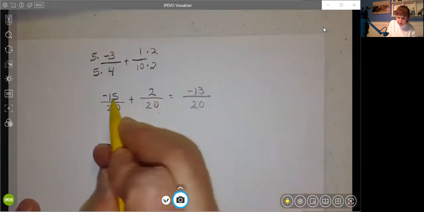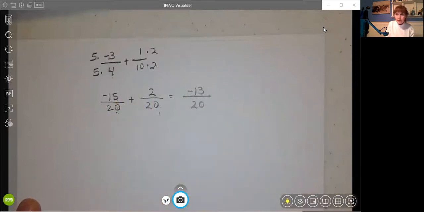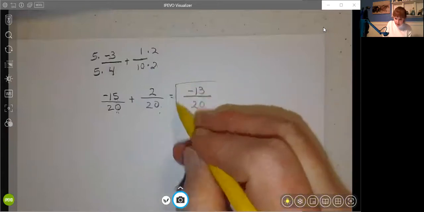Because 2 of these will take care of 2 of those negatives, so I'll still have 13 negatives left over. Always ask yourself, can I reduce this? And no, 13 is prime, there's nothing that goes into 13 and 20, so your answer is a negative 13 20ths.